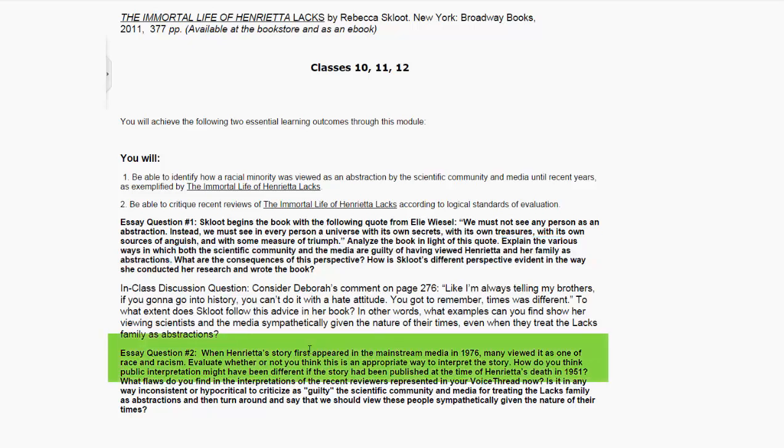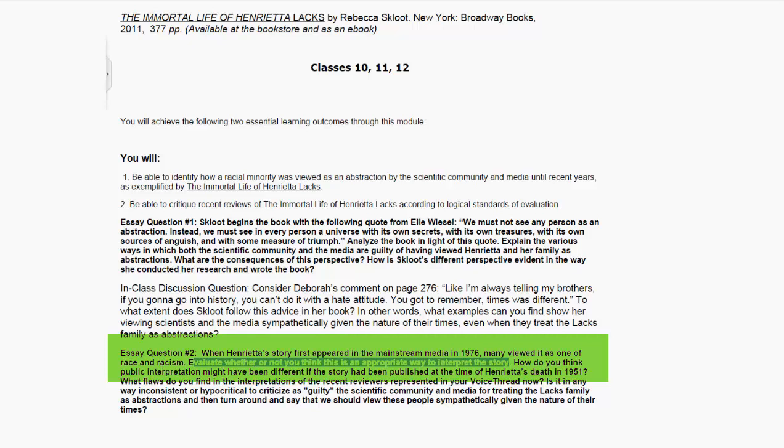And the second question points out that Henrietta's story has been viewed differently at different times. And so the question is, how do you think public interpretation might have been different if the story had been published at the time of Henrietta's death? But the more important question is whether or not it's appropriate to interpret the story as one of race and racism.